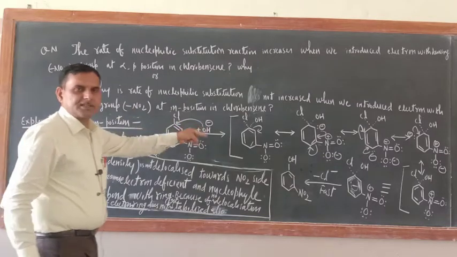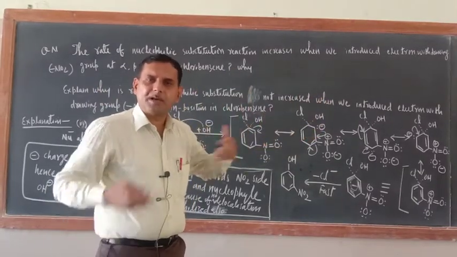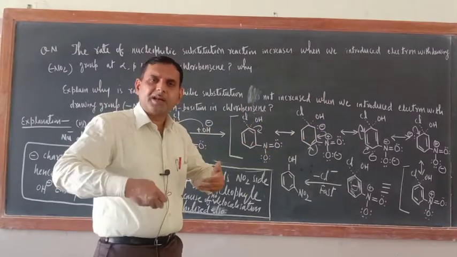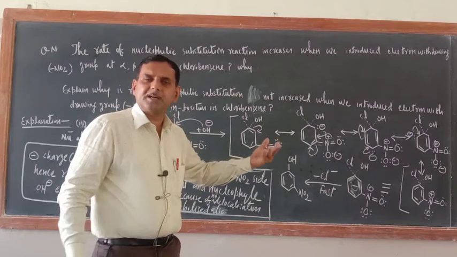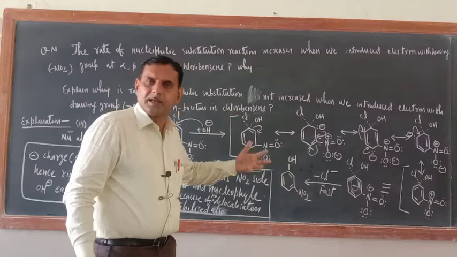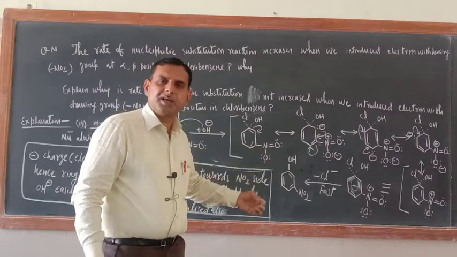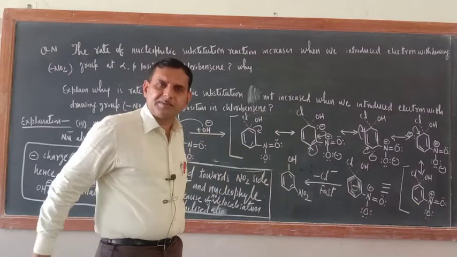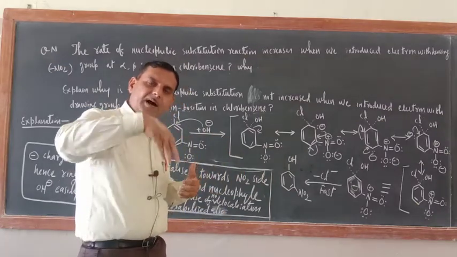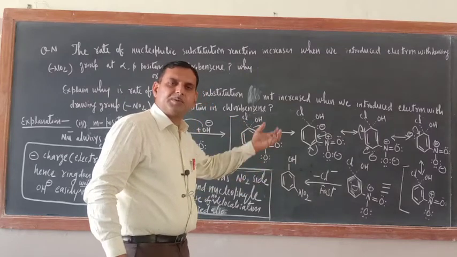Ring electrons do not get channelized towards the NO2, so the ring does not become electron deficient. When the ring does not become electron deficient, how can the nucleophile make a bond easily? A nucleophile can only make a bond easily with the benzene ring when the ring becomes electron deficient. In the case of ortho and para positions, the ring becomes electron deficient because NO2 is channelizing pi electrons towards itself.